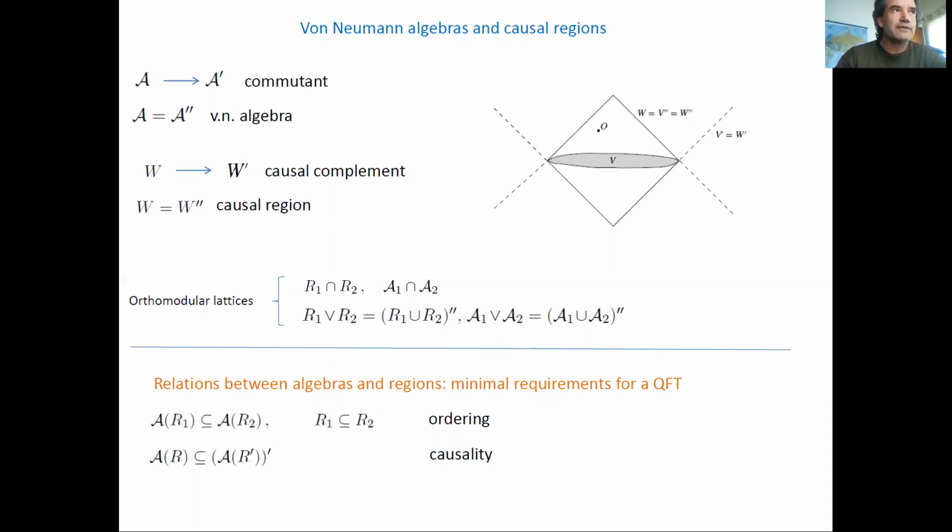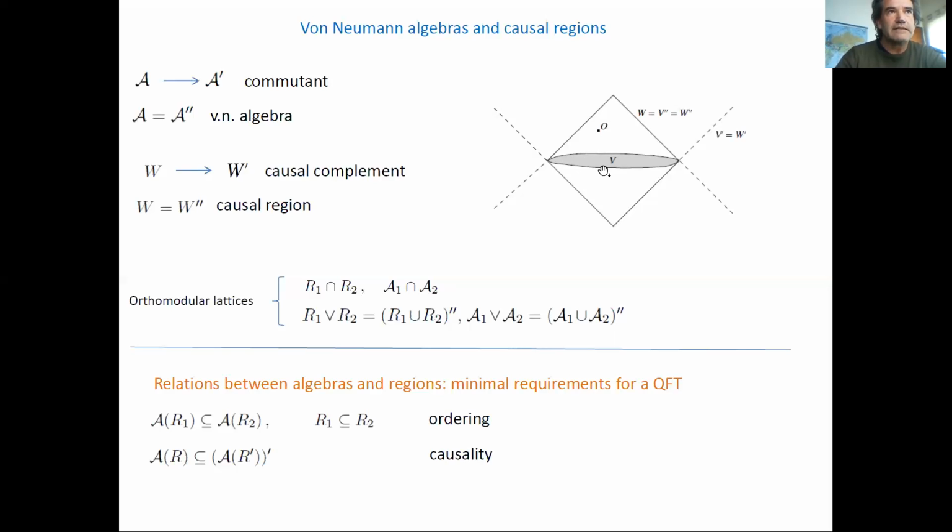And it's natural to think that we have to assign algebras only to causal regions that are closed like this, because if you have operators here in V, they will generate this operator O by the causal equations of motion. Let's say this O, you can express it in the Cauchy surface here by the causal equation of motion.